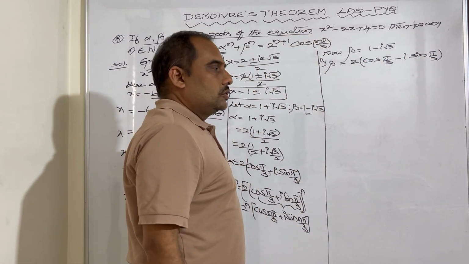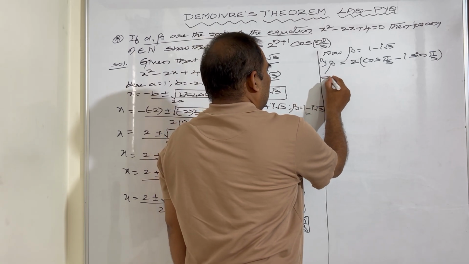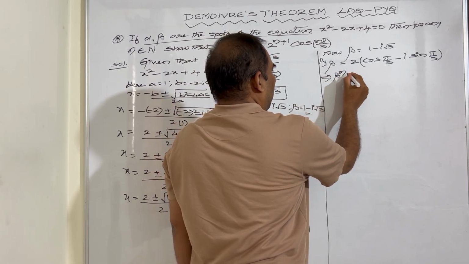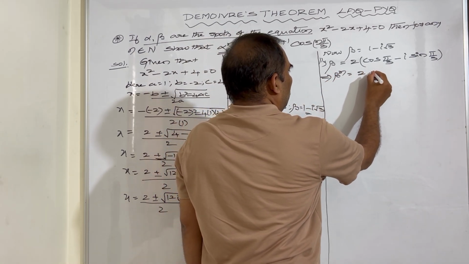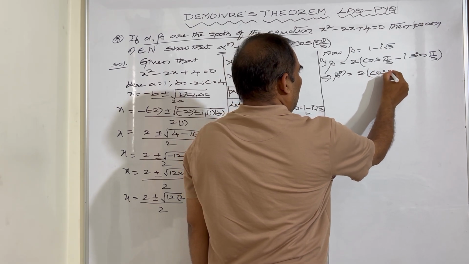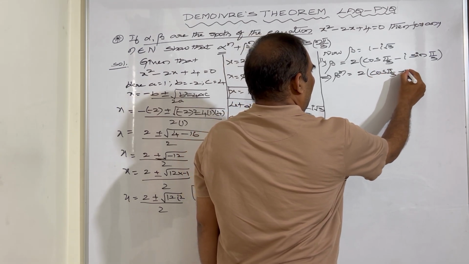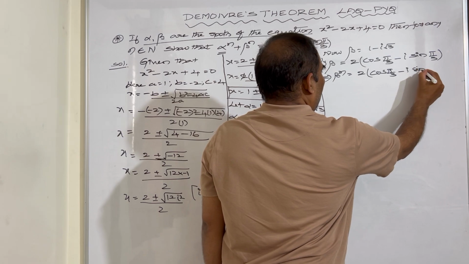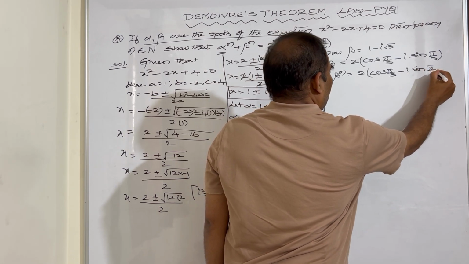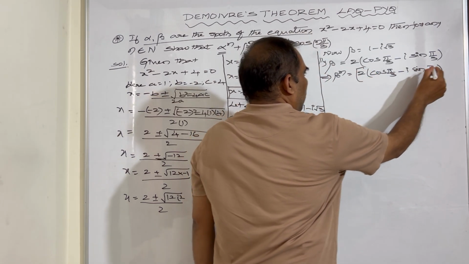See here, beta to the power of n is equal to 2 into cos pi by 3 minus I sin pi by 3, whole to the power of n.